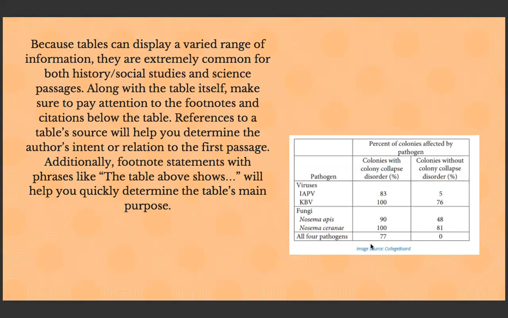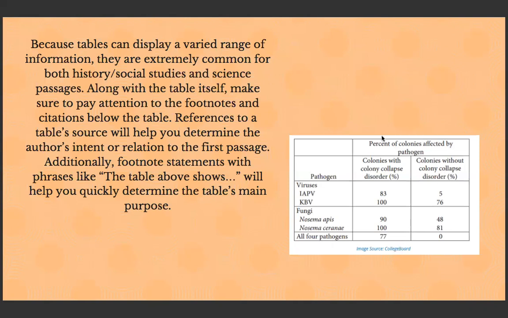So in this particular case, you do not have a footnote, which would be somewhere down here. The only footnote that there is says that the information source is coming from the College Board, and it doesn't have a citation or a reference down below. Let's take a look at the table.